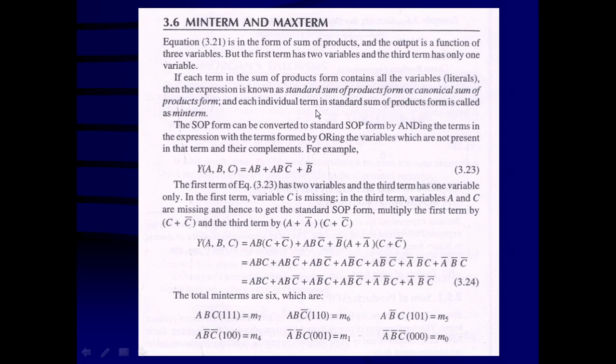And each individual term in the standard sum of product form is called a min term. It is represented by small m, with a suffix which represents which number of min term it is.